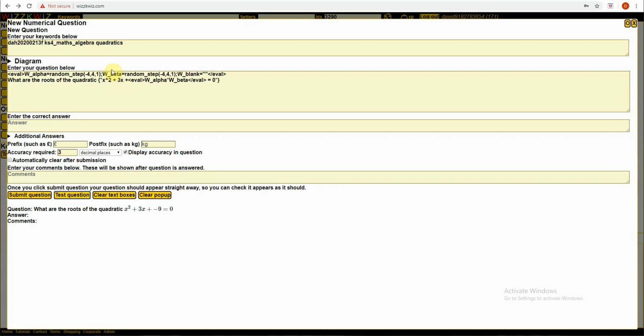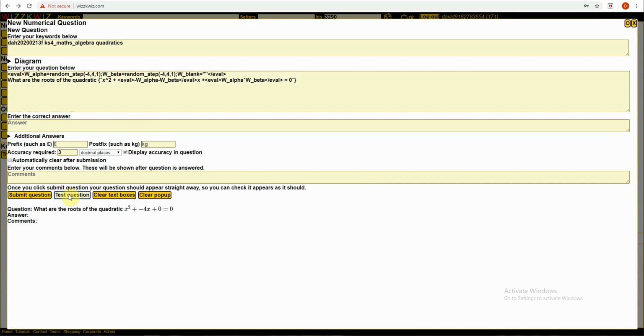At this point, let's do this one first. So this is going to be minus w alpha minus w beta. You notice all these factorize.